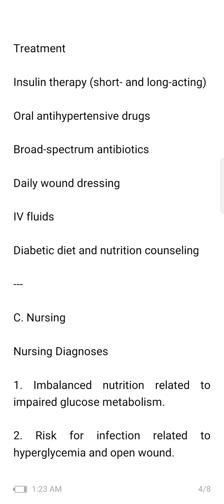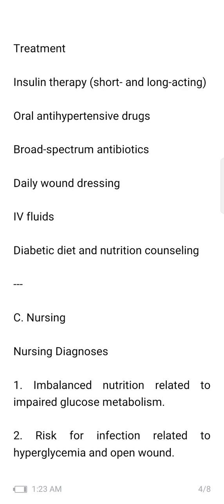The first one, insulin therapy, short and long acting oral antihypertensive drugs. Because the person was a hypertensive patient, the person was given some oral antihypertensive drugs to suppress the hypertension, broad spectrum antibiotics, daily wound dressing, IV fluids.